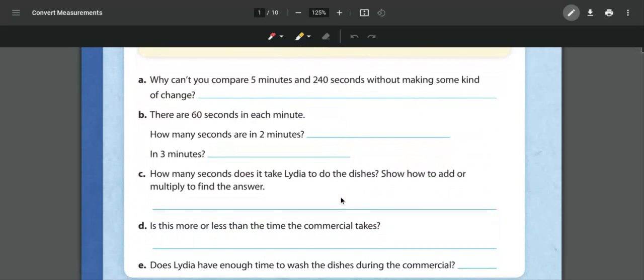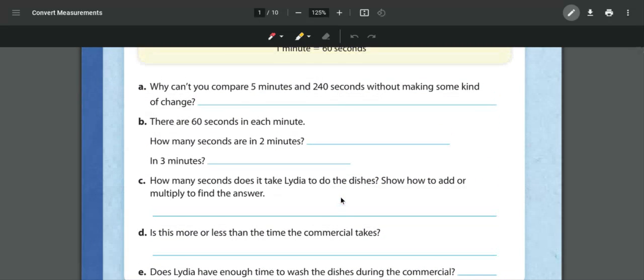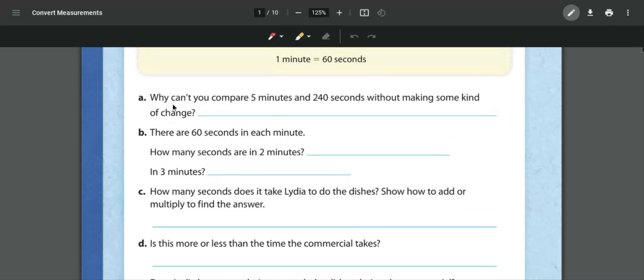So I want to go through these questions. Letter A, why can't you compare 5 minutes and 240 seconds without making some kind of change? Go ahead and write your thought down now. Okay, so you can't compare 5 minutes and 240 seconds because the units are different.